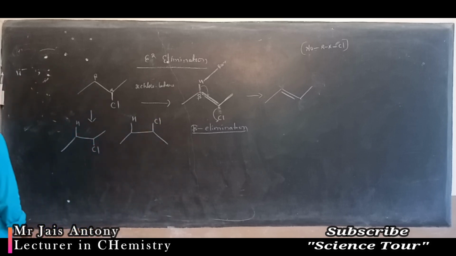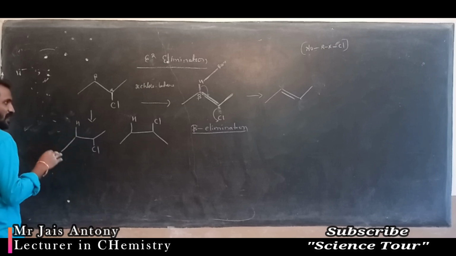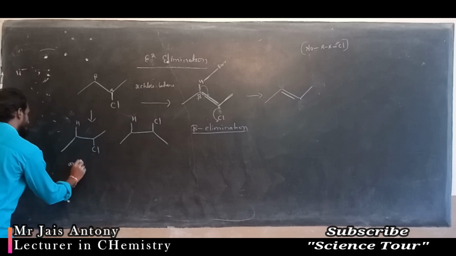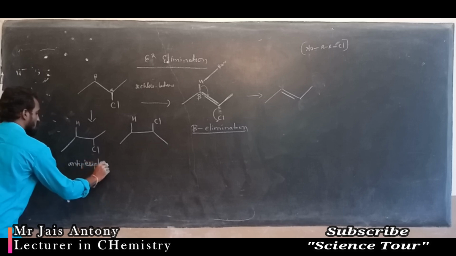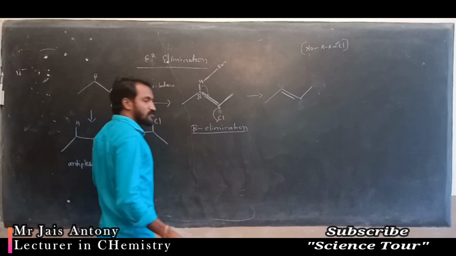Both are the same, meaning here H and Cl are in different planes, that means anti-planar, periplanar, anti-periplanar. H is on one side and Cl is on the opposite side, correct?